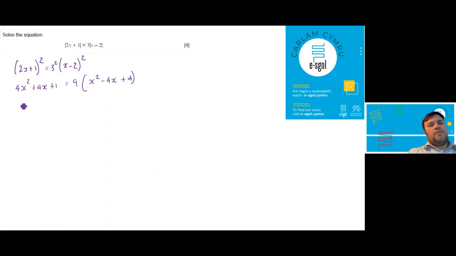So it would be 4x squared plus 4x plus 1, and that's going to be 9x squared minus 36x plus 36. And then if I take everything over to the other side, they're all going to be taken away. So it's going to be 5x squared. Then you've got the 4x, so that's going to be minus 40x. And then you take the 1 over, and that's going to be plus 35.